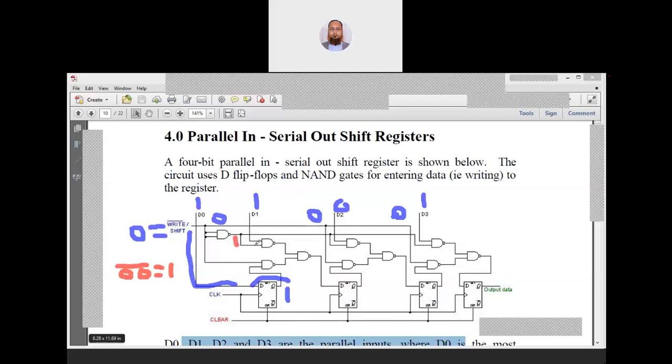And what about this D1? D1 is 1. 1 and 1, what will be the output? Both are 1, so the output will be 0. So this will remain the same. Don't worry about that.